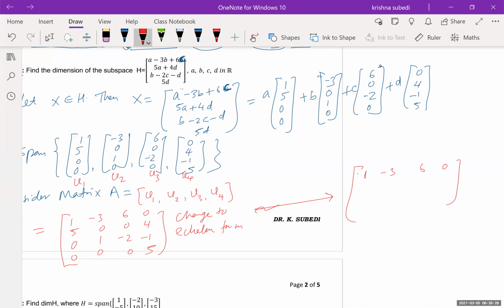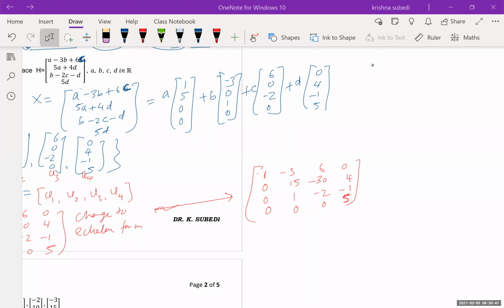And as we have seen, this is in echelon form, and we have observed that there are three basic variables. That means there are three pivot columns, and they represent the linearly independent vectors.